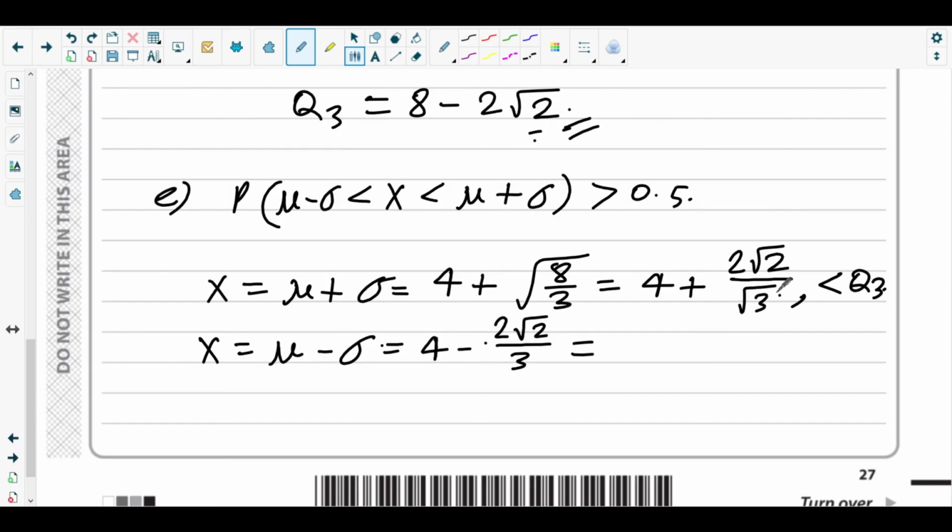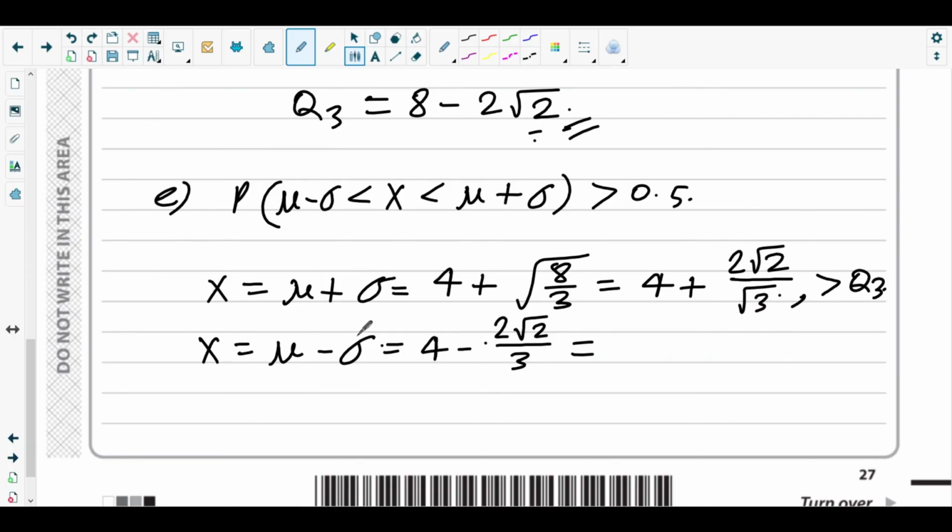So 4 plus 2 square root of 2 over square root of 3 would give you 5.63. Okay, which is greater than Q3. Q3 is 8 minus 2 square root of 2, which is 5.17, and this is 5.63. So definitely it's greater.